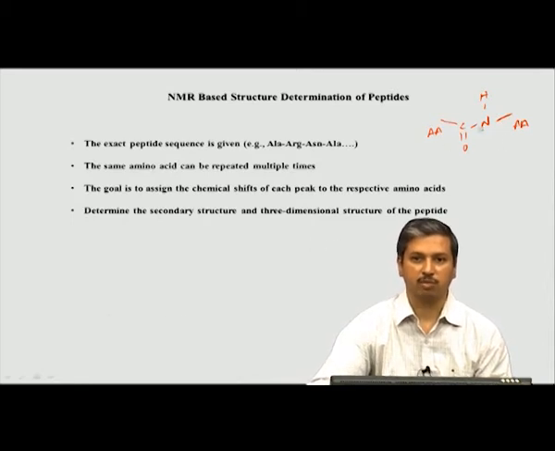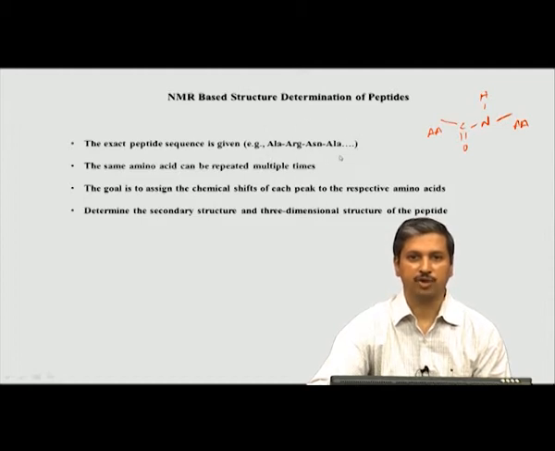So, this is the peptide bond, but you can have unnatural amino acids. Again, we will take an example of a peptide containing natural amino acids, and there are 20 of them. This could be the sequence example, but remember you can also have the same amino acid repeated multiple times. Look at this example, I have a peptide which has alanine, arginine, asparagine, alanine, and so on.